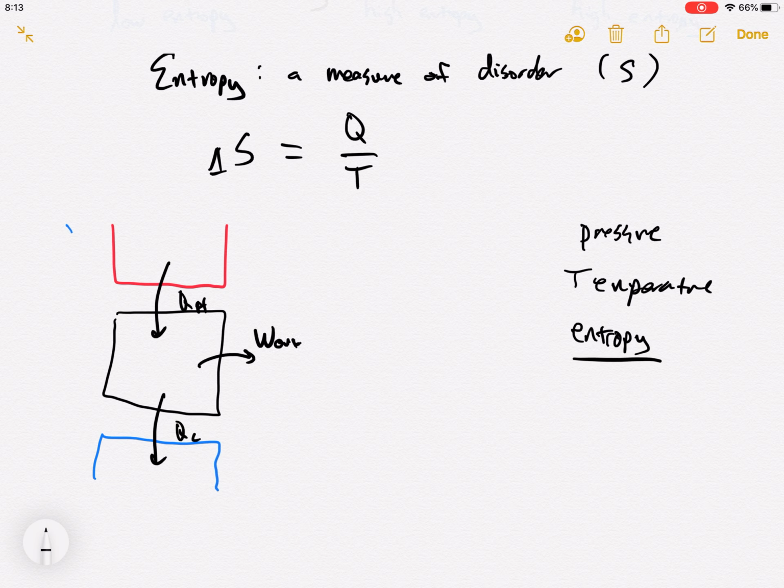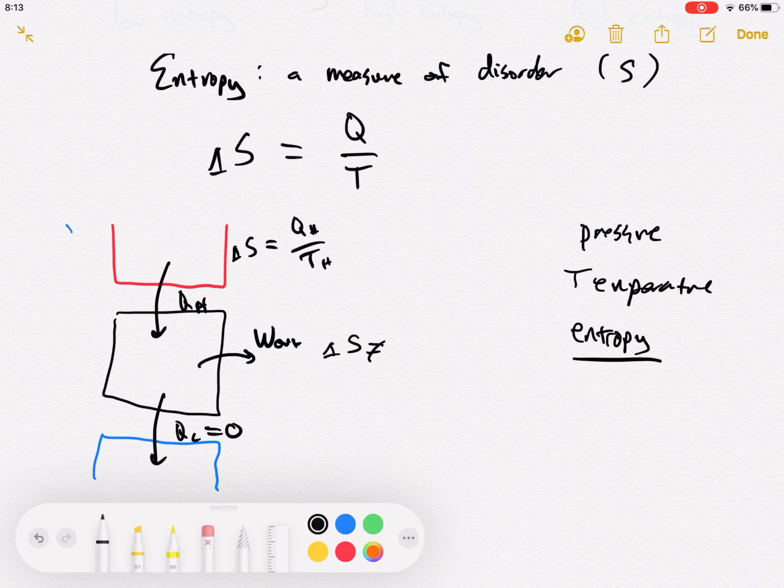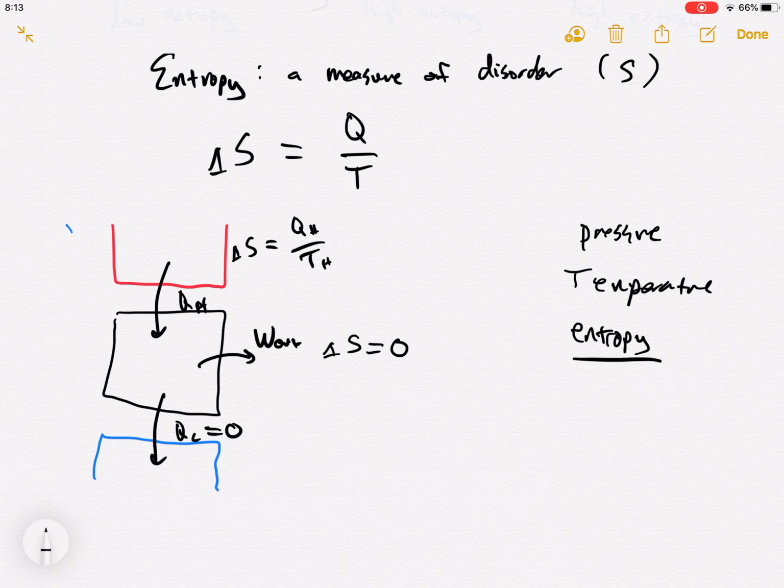If the only thing that happens here is work out, and Q cold is 0, then I have a change in entropy up here of Q hot divided by T hot, and work out changes entropy by 0. Work doesn't change entropy because entropy only changes when heat is transferred. So when the gas does work, it doesn't change entropy.